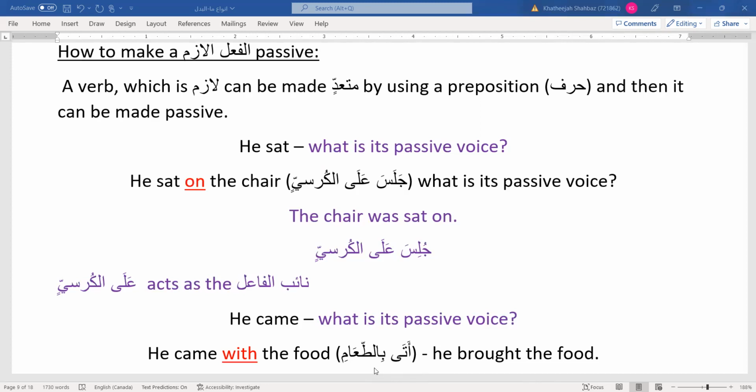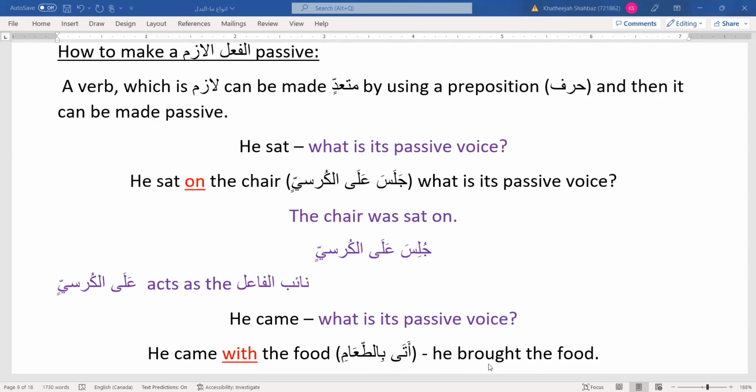So now, initially, he came, we were not able to make it passive voice. Now, I have used the same verb, but I have used it with a harf, bi. What will be the passive voice? Can we make it passive voice now?